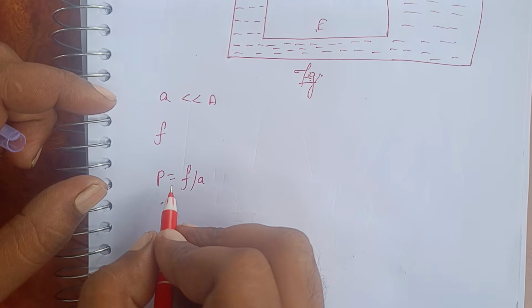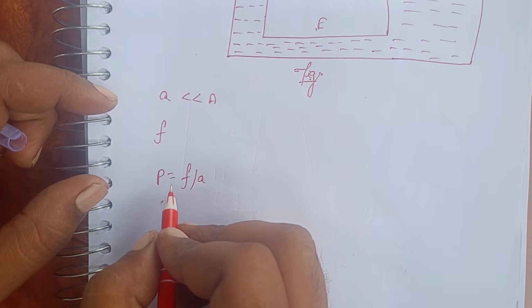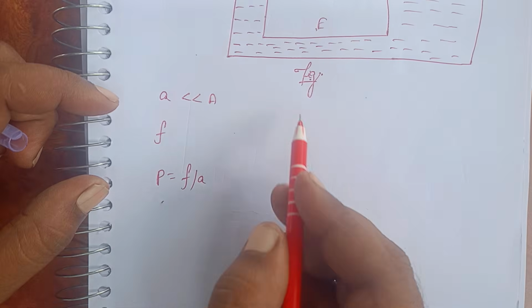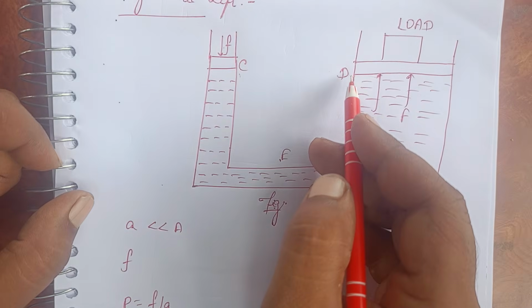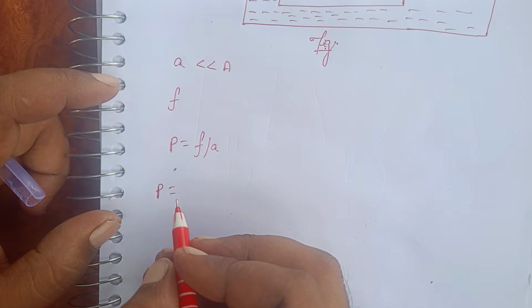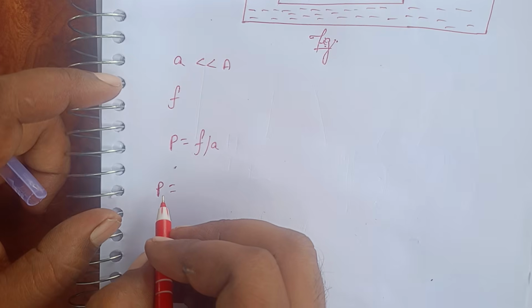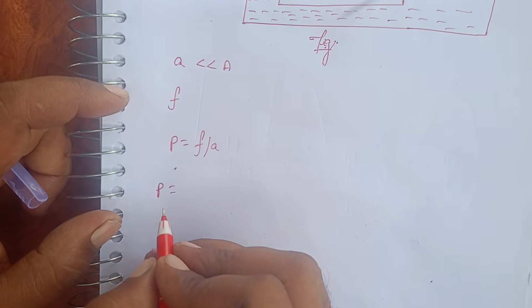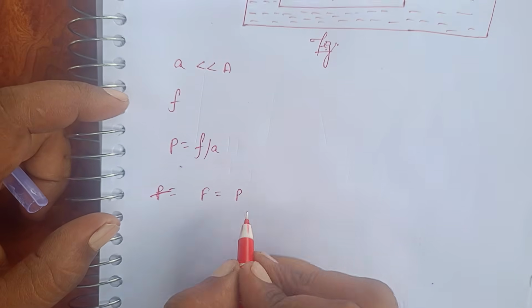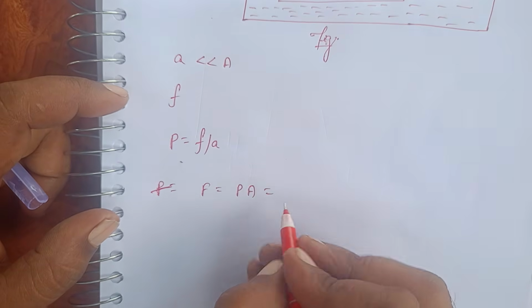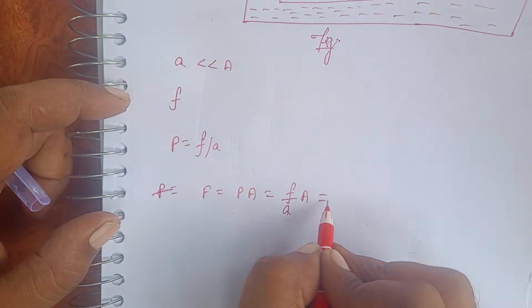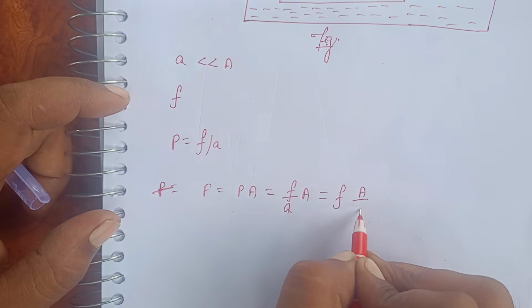According to Pascal's law, this pressure is transmitted equally to the piston in the cylinder D. Therefore, the upward force F acting on the piston of the cylinder D will be F equal to P into capital A, which is f upon a into A, equal to f A upon a.